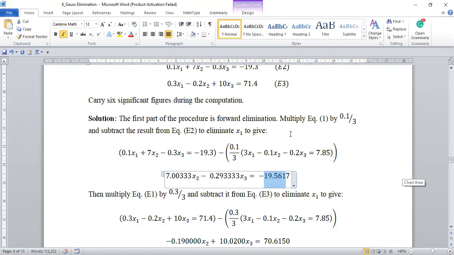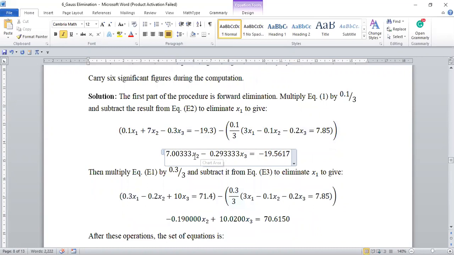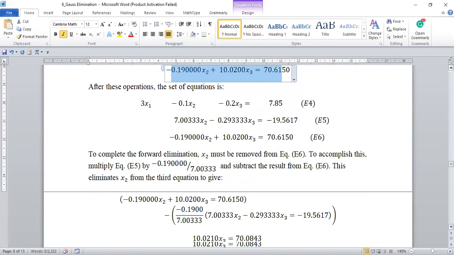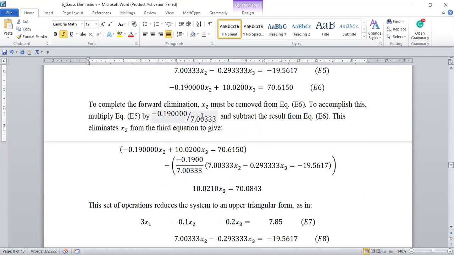Remember, for the Gauss elimination method, we are doing a lot of computation. If we use fewer significant figures or fewer decimal places, our answers are going to be less accurate. We got this, then we also did this calculation, and then we did another calculation where we added.